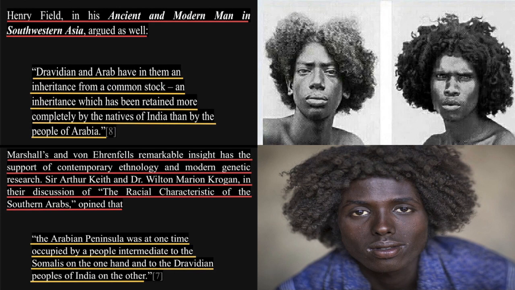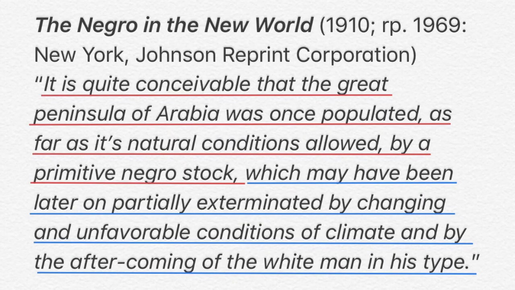So again, Somalis and Dravidians are a good example of a more ancient Arabian phenotype, which I believe, if Arabians or Bedouins represent the most basal Semitic population, is kind of how Proto-Semites would look. They perhaps could have looked like Arabs, which therefore would mean they perhaps would have looked like a Dravidian or Somali type of phenotype.